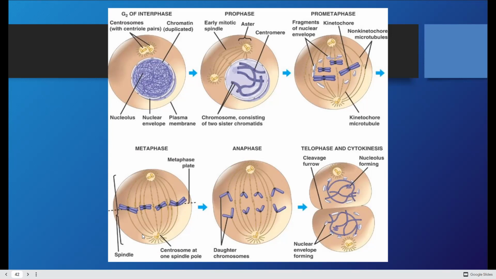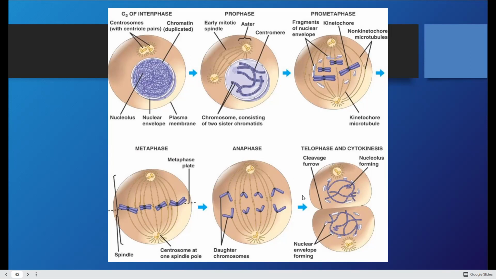Once they're aligned at the equator, spindle fibers attach to the centromere of the chromosome, or the two sister chromatids. Once they're attached to the spindle fibers, it will pull. So the spindle fibers pull the sister chromatids away from each other.